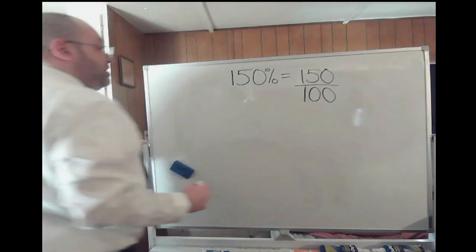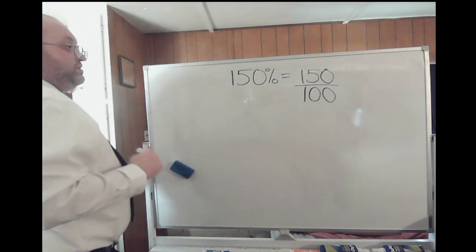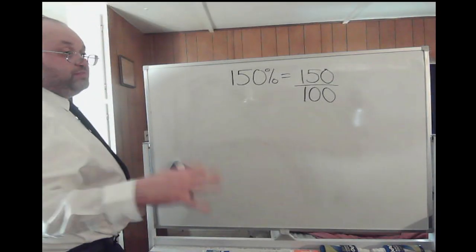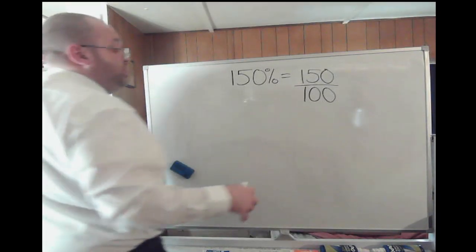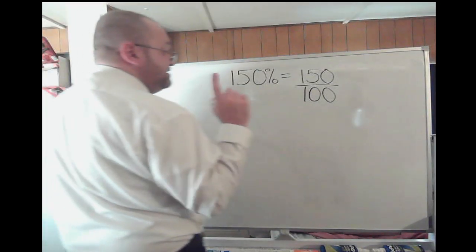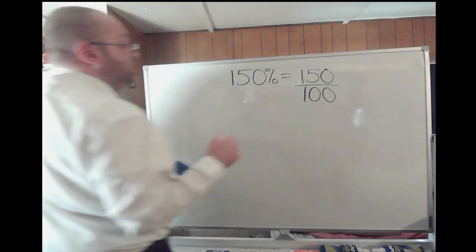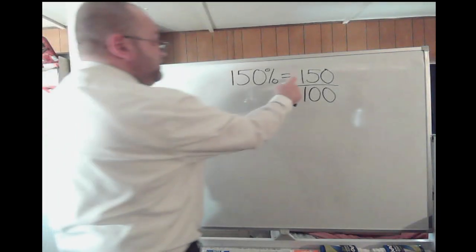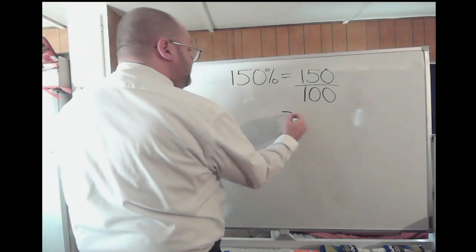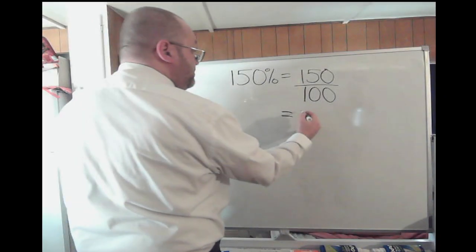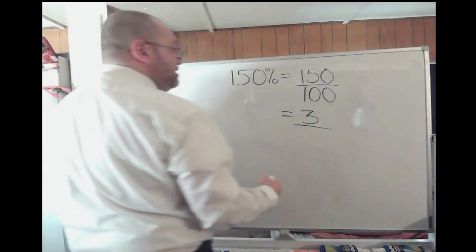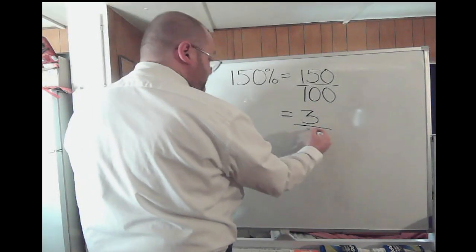Well, right away we want to get this to a fraction in simplest form, and actually to a mixed number. That's really our goal. So 150 over 100, they both have a common factor of 10 to start with. Actually, we can go for the chase. 150 over 100 both have a common factor of 50. If we divide 150 by 50, we get 3. If we divide 100 by 50, excuse me, you get 2.